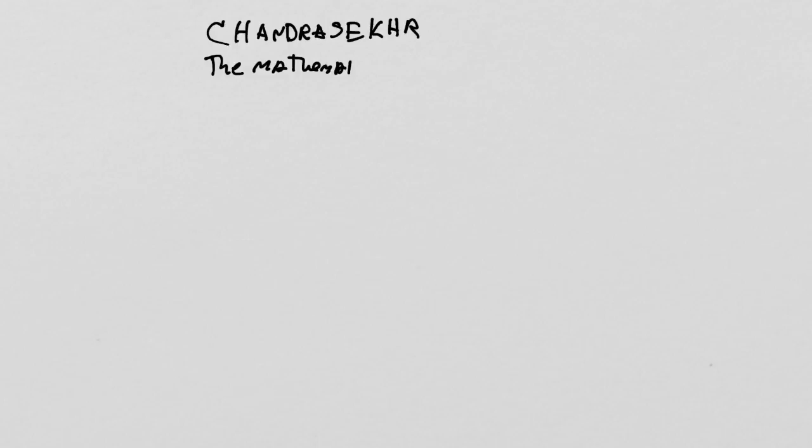All right, so the last version of this notion of the covariant derivative I'm going to take from a book by Chandrasekhar called The Mathematical Theory of Black Holes. Really great book. Hard though.